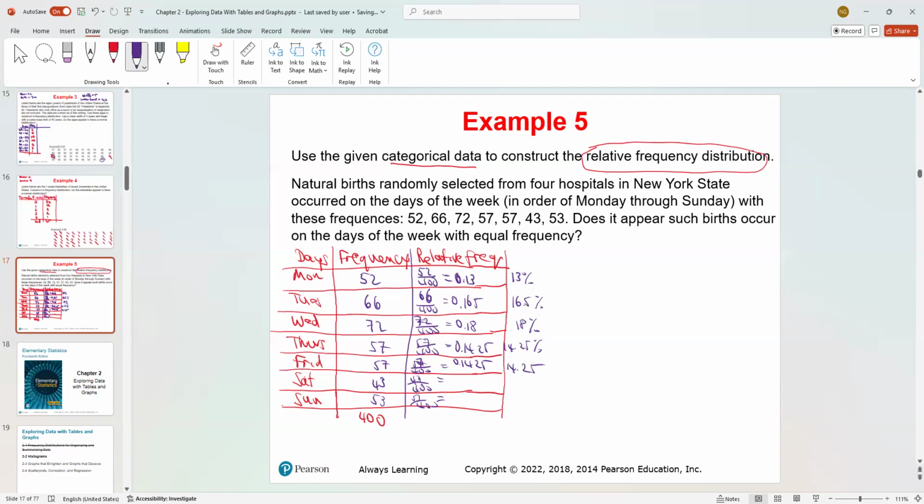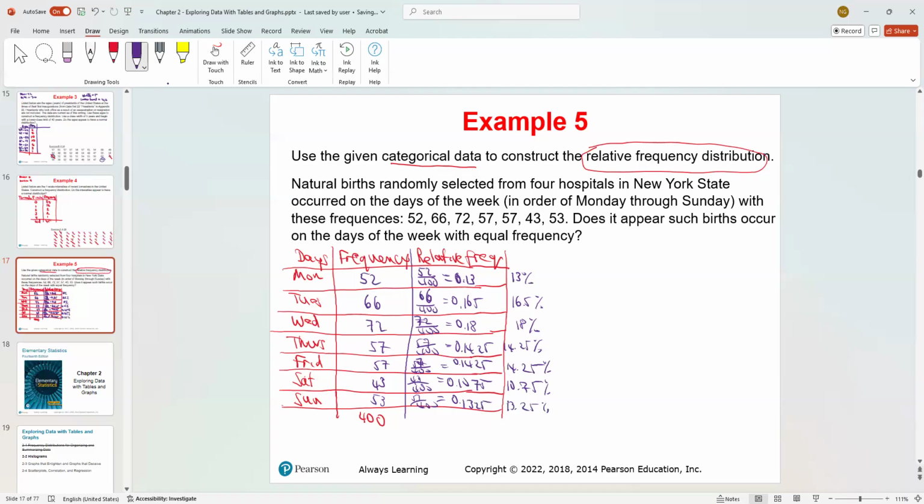If you do 43 divided by 400, it gives you 0.1075, 10.75%, and 53 divided by 400 gives you 0.1325, so 13.25%. All right.